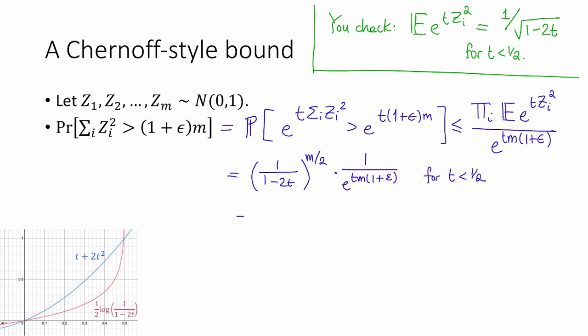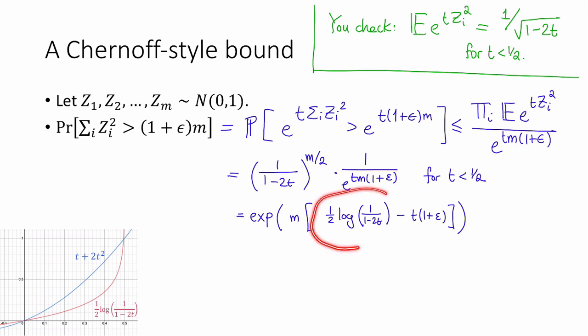Simplifying, this is equal to exp of m times (1/2 log of 1 over 1 minus 2t, minus t times (1 plus epsilon)). So this is a pretty nasty expression, but we can simplify it by bounding this expression, 1/2 of log of 1 divided by 1 minus 2t.